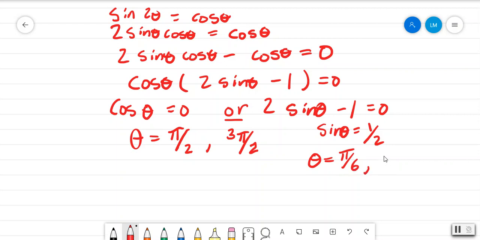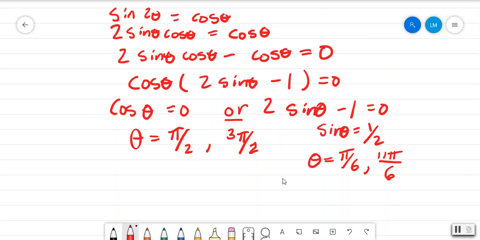And then the next angle measure would be, let's see, 30 degrees, so that should be 11 pi over 6. So this tells us where the equation will equal 0.